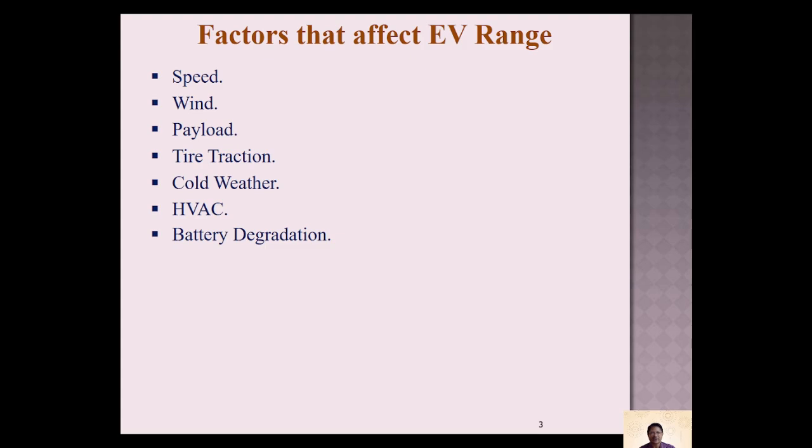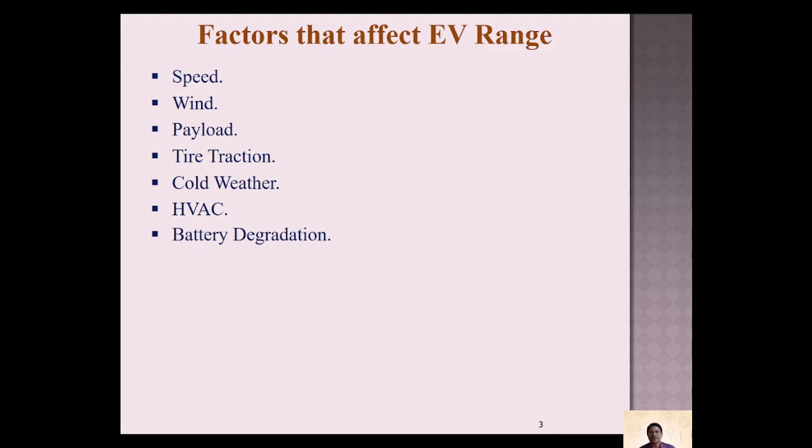Tire traction. If you climb a hill or you are always traveling on a slanted road, then the EV range will be reduced. Cold weather also will reduce it because it needs a heater that consumes electric energy.